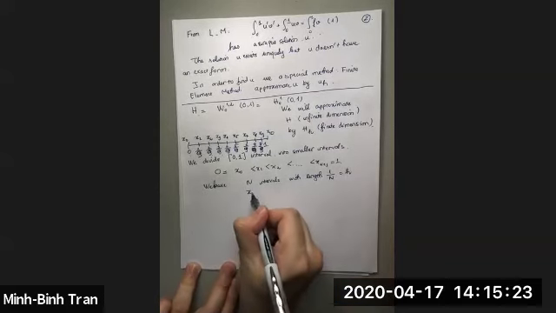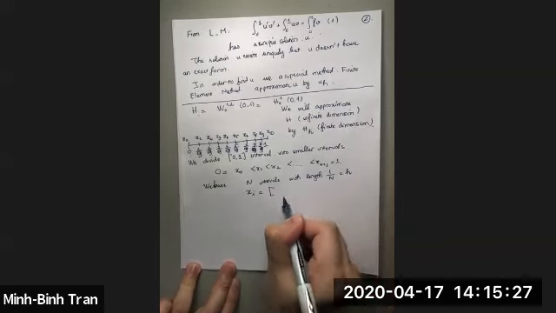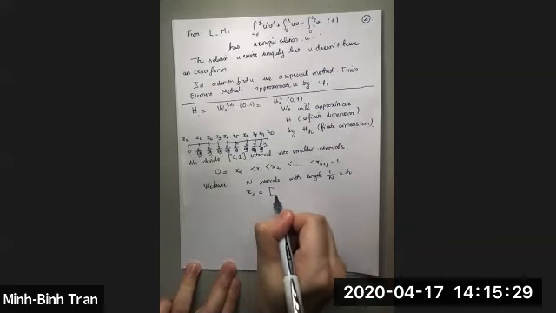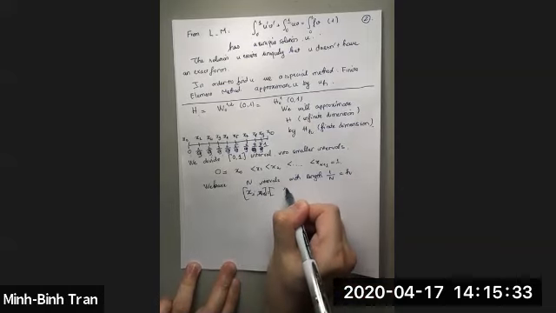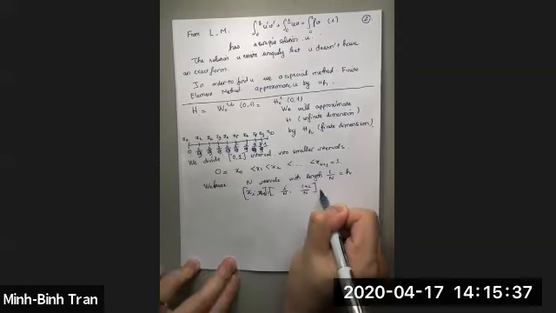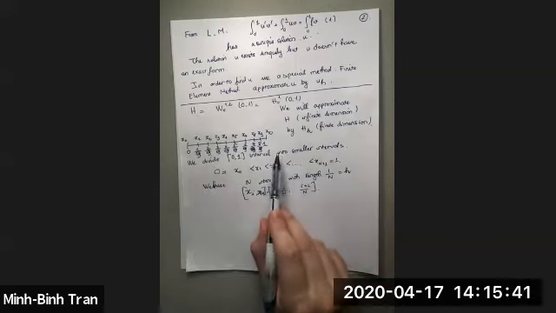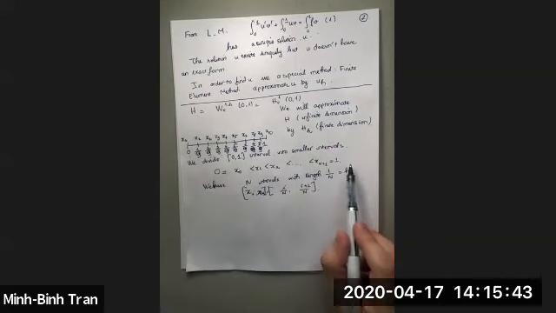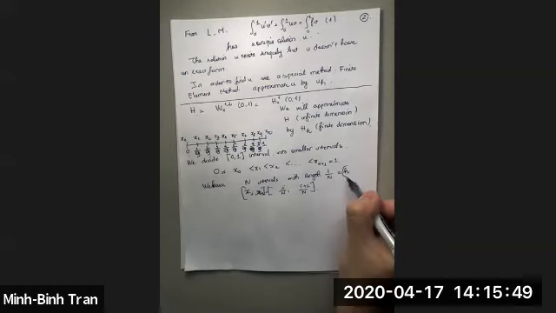So basically x_i and x_{i+1} will be i over n and (i+1) over n, right? So the point is that we divide the interval from 0 to 1 into n smaller intervals, and each interval has a length 1 over n, which I denote by h.